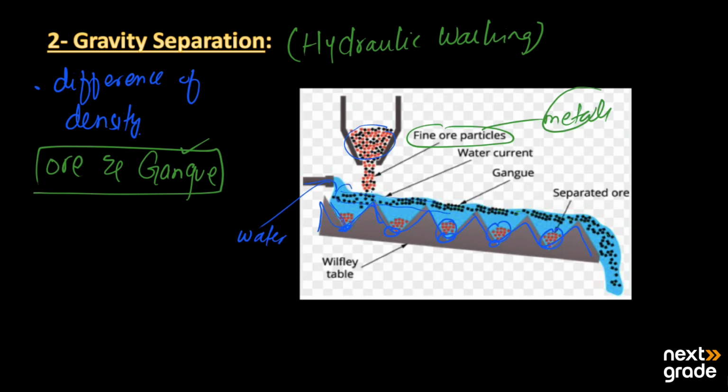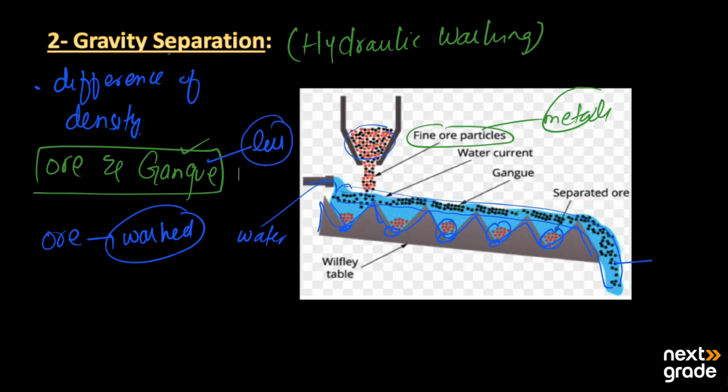In this way, all the gangue particles run off with the water and are separated, while the ore particles are washed. The gangue particles that have less density are removed by this gravity separation. This happens on the difference of gravities, and the water with the lighter particles moves away, leaving behind in the grooves the particles of the metal and ore.